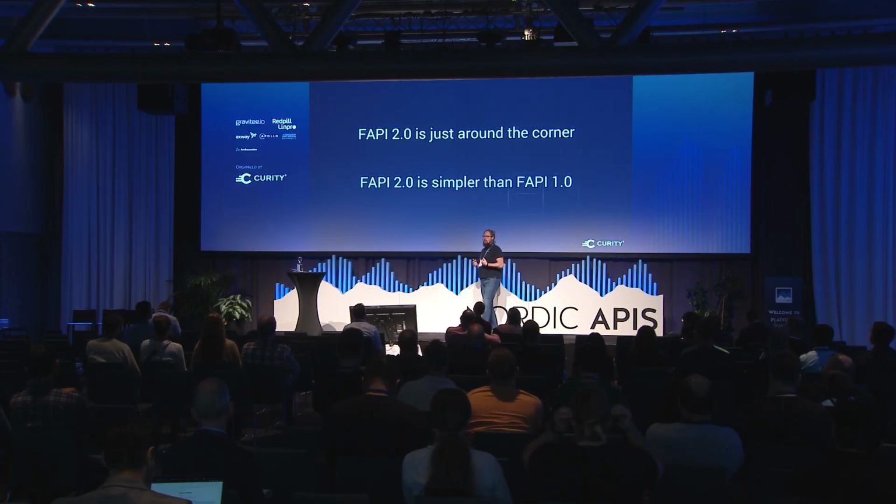And also, because it's simpler than FAPI 1.0. There are some solutions that they dropped, and you don't have to use them anymore. And in fact, after FAPI 1 was published, the industry found some vulnerabilities, some attack vectors that could still be used against the solutions described in FAPI 1, and this has been solved in FAPI 2. So if you want to have a look at it, go ahead and check the second version.